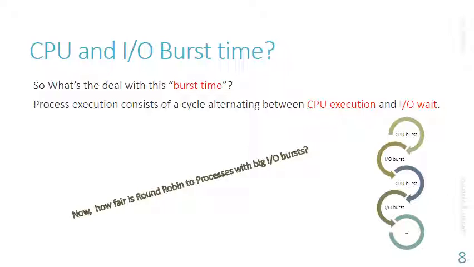However, it's extremely fair if all the processes did not need any resource. If all processes only needed CPU burst time, round robin would be the fairest of them all. But that's not the case in real life, right? And expect to have a lot of this type of analysis later.